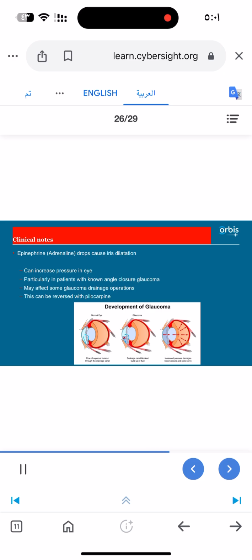This increase in intraocular pressure can cause problems in patients with known angle closure glaucoma or in some glaucoma operations. If this happens, it can be reversed if required with pilocarpine eye drops.